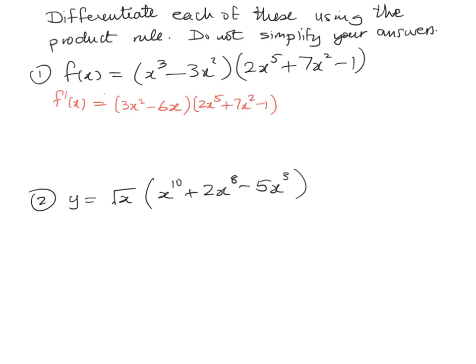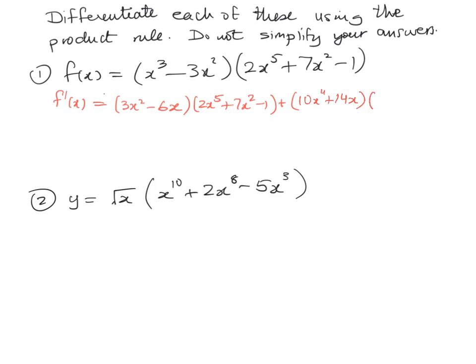So I took the derivative of the first function times the second one left alone, plus, now I take the derivative of the second function. The derivative of 2x to the fifth plus 7x squared minus 1 is going to be 10x to the fourth plus 14x, and of course the derivative of negative 1 is 0.